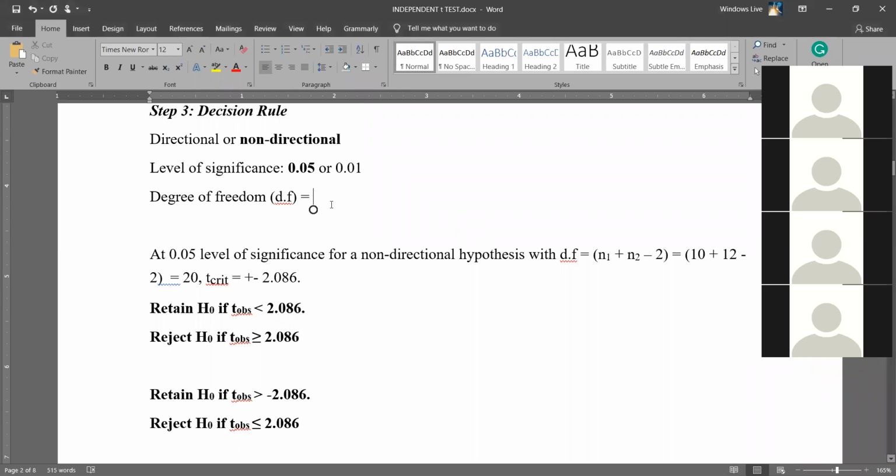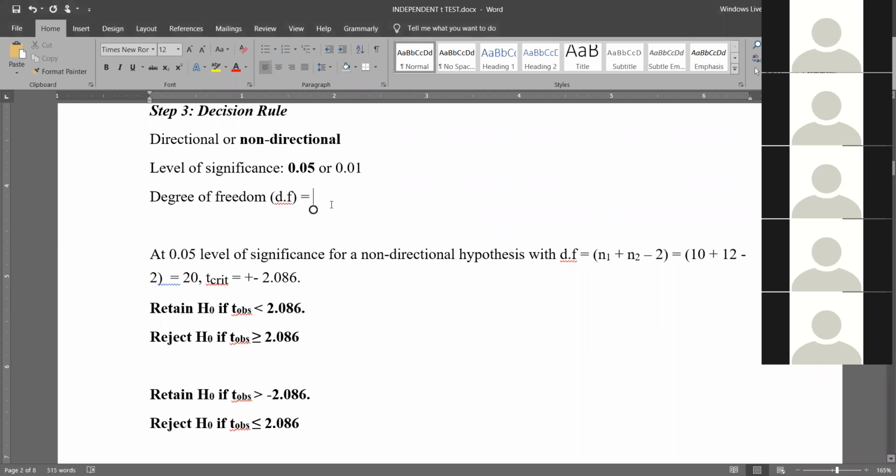But with independent t-tests, the degree of freedom is n1 plus n2 minus 2. So that's the formula, where n1 represents the sample size for group 1, n2 sample size for group 2.